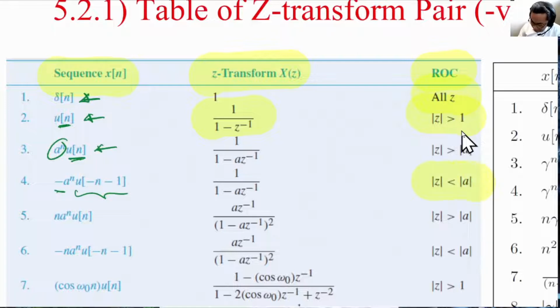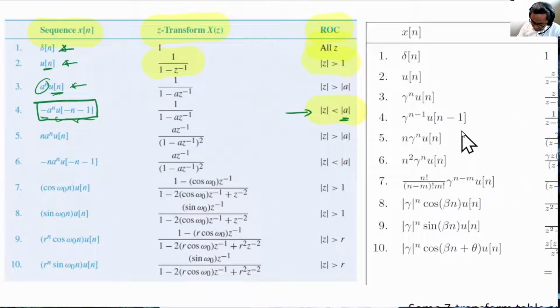When we have an anti-causal signal, the convergence is from the pole nearest to the origin and stretching towards the origin. So from the region of convergence, we would know which is the anti-causal signal. Anyone that has this kind of characteristic, |z| less than a, is an anti-causal signal.